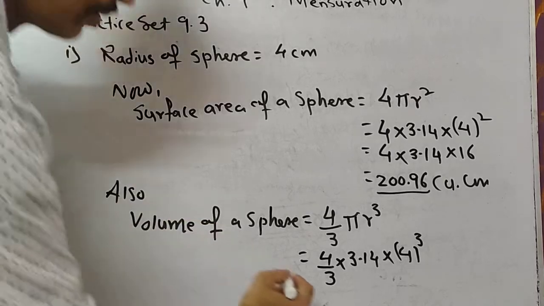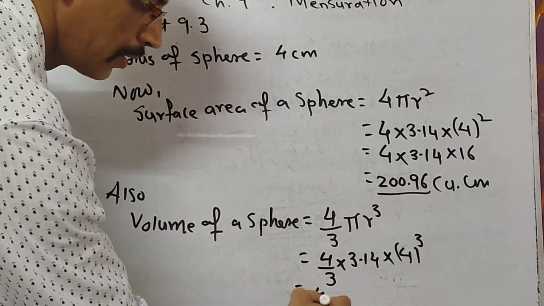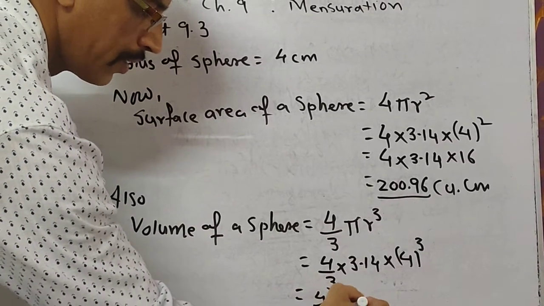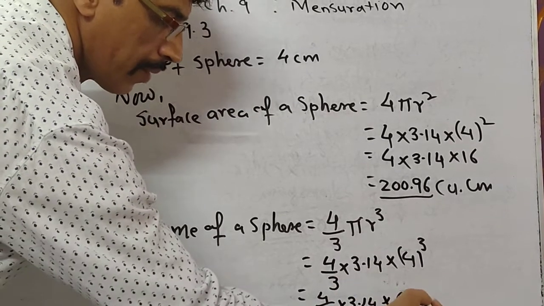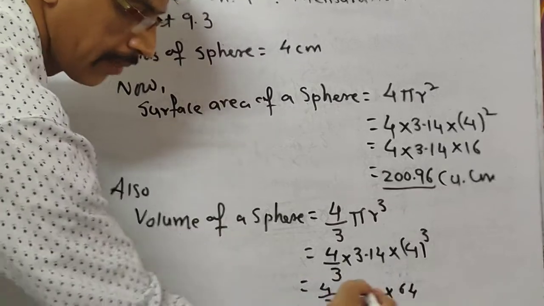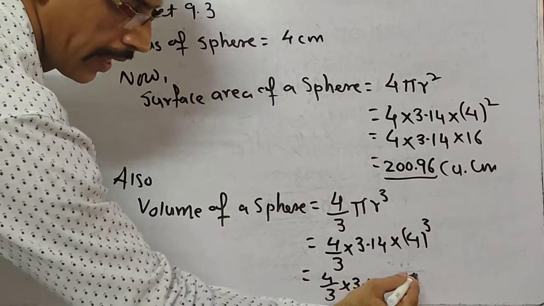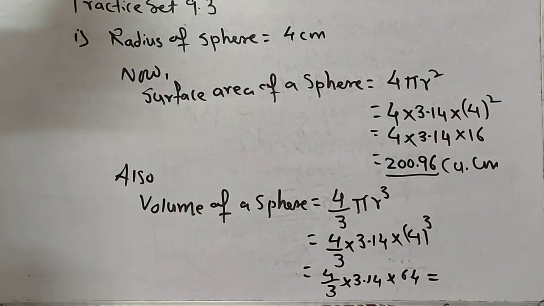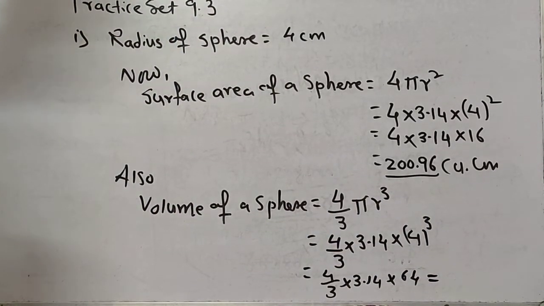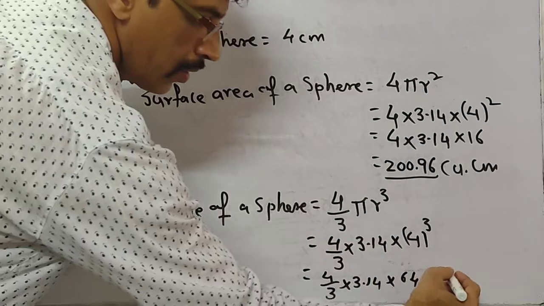So 4/3 into 3.14 into 64. First multiply all this, and then divide by 3. You will get the answer 267.95.